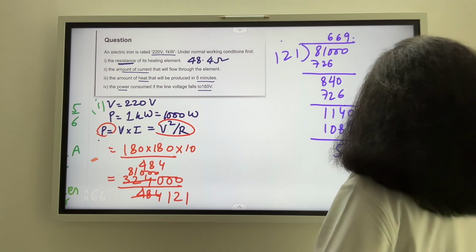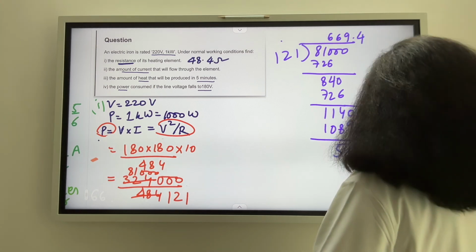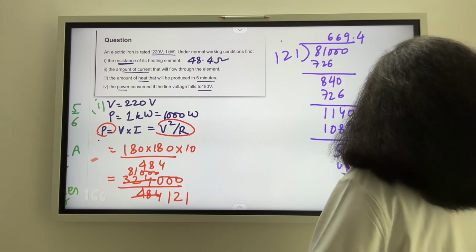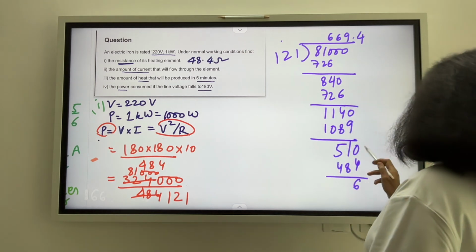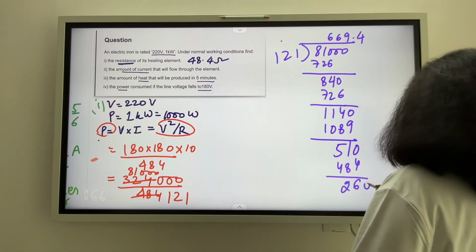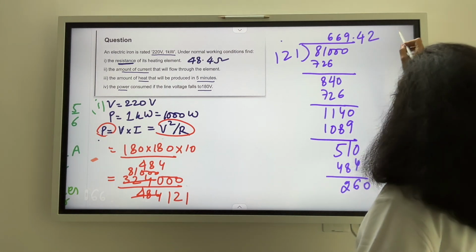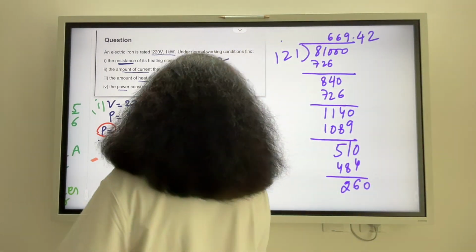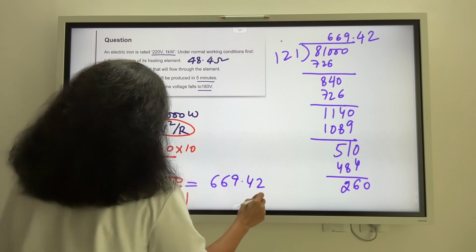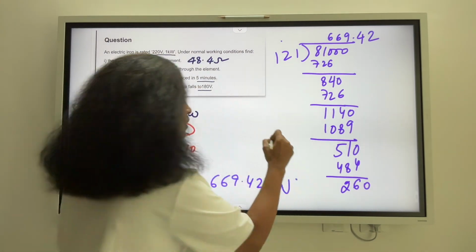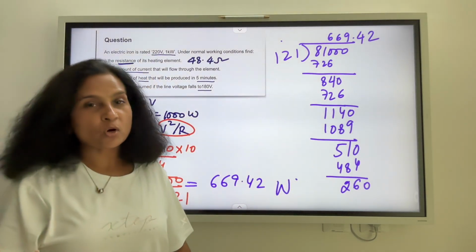Put a decimal. 4 2 is a 8, 10 minus 4 is a 6 and 10 minus 8 is a 2. So approximately a value of 669.42, and because it is power, my unit is a watt.